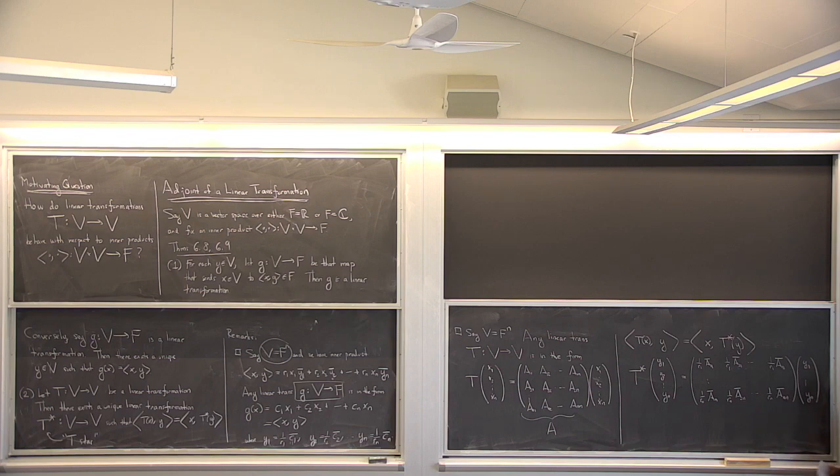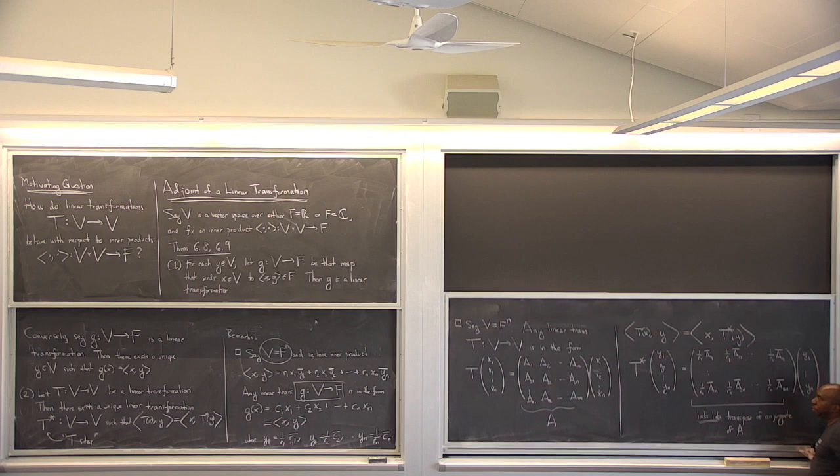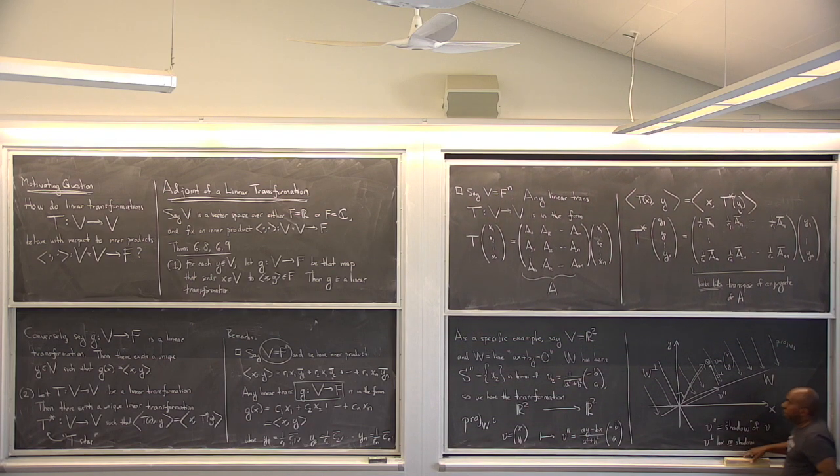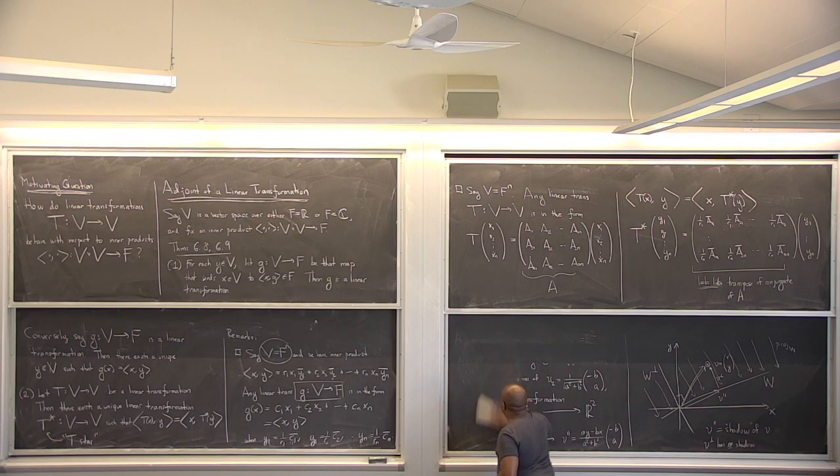And this here is morally, if I kind of ignore the r's, the transpose of the complex conjugate of A. Now I want to emphasize here, looks like, so I have to be careful as to what these scalars are here, depending on the inner product. So this here is what we call the adjoint of T.